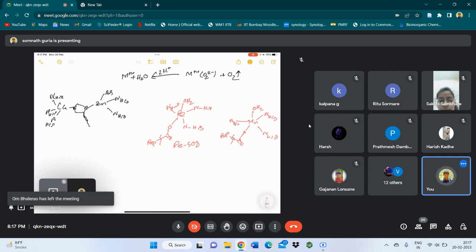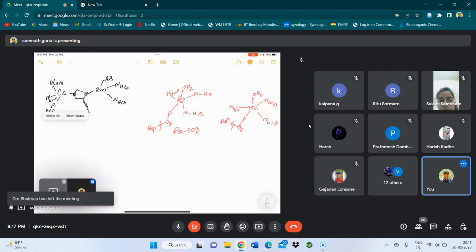So comparing the SOD reaction rates, all those enzymes have a very high rate of conversion of superoxide to hydrogen peroxide and oxygen.